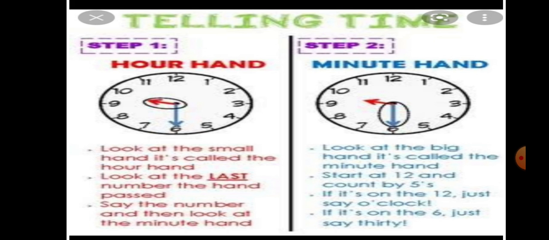The big hand is called the minute hand. Start at 12 and count by 5s. If it's on the 12, just say o'clock. If it's on the 6, just say 30.